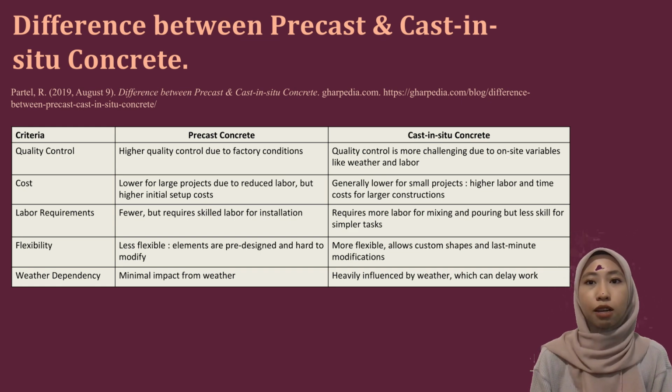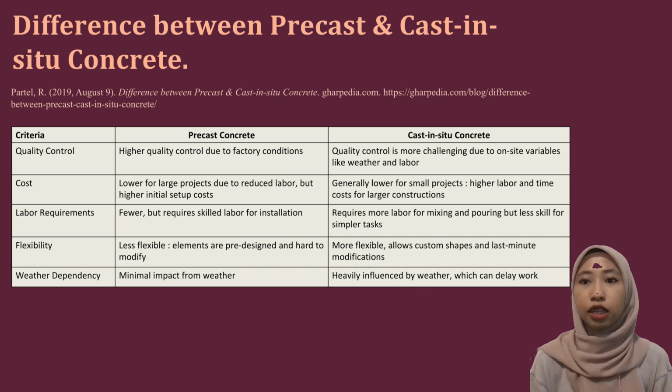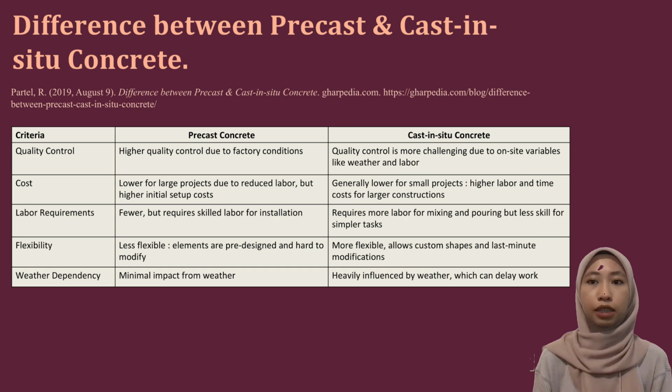For the cost, precast concrete is lower for large projects due to reduced labor but has higher initial setup costs, while cast in situ concrete is generally lower for small projects due to higher labor and time costs for larger construction. For labor requirements, precast concrete needs fewer workers but requires skilled labor for installation, and cast in situ concrete requires more labor for mixing and pouring but less skill for simpler tasks.